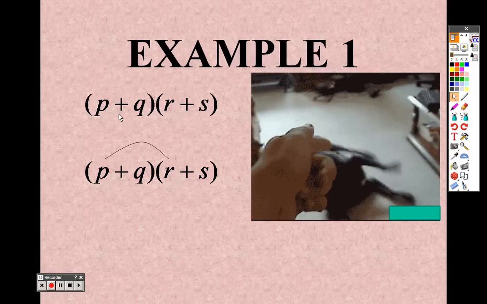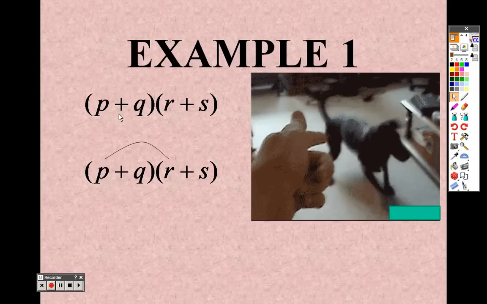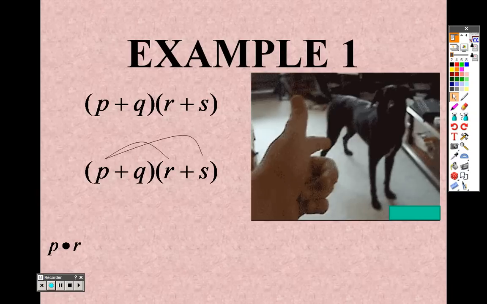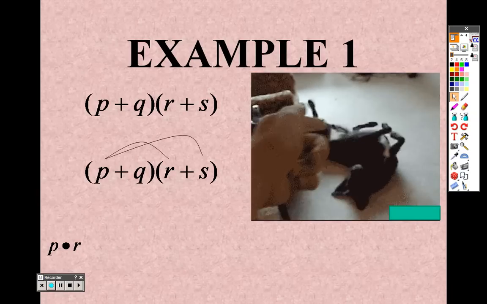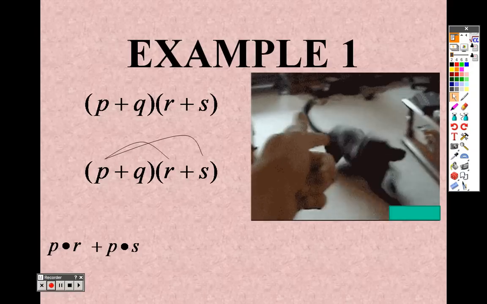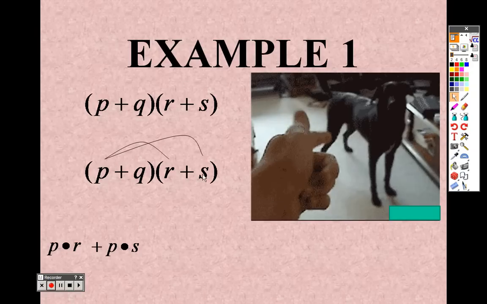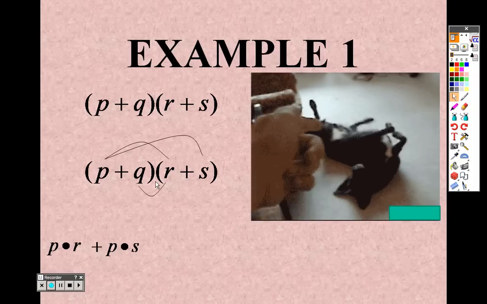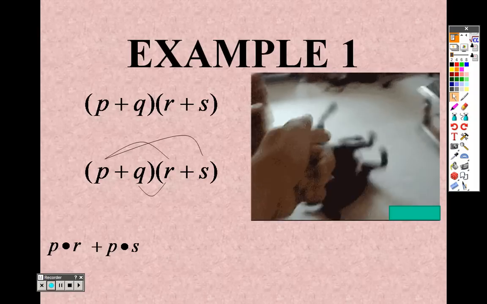So you take the first 2, P times R is PR. Then you take the first and the last, P times S is PS. And because this was a positive S, that's why we add them together. And I take the middle, Q times R is QR.